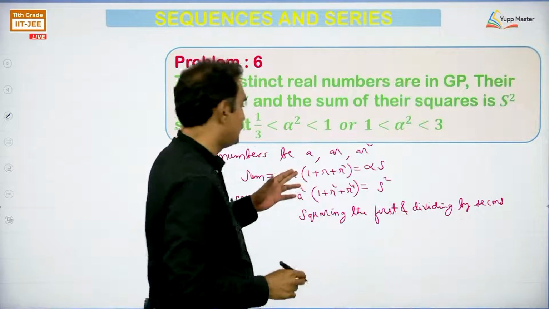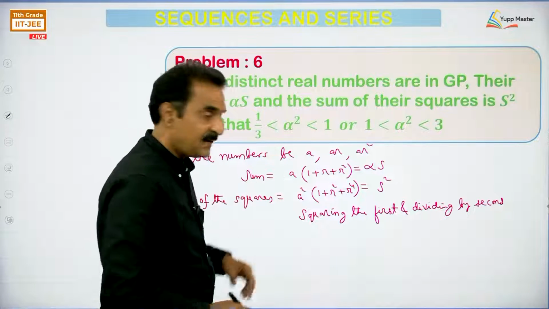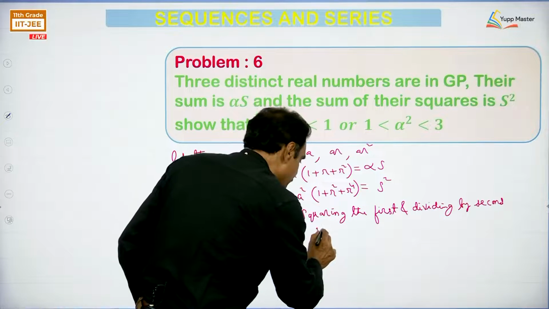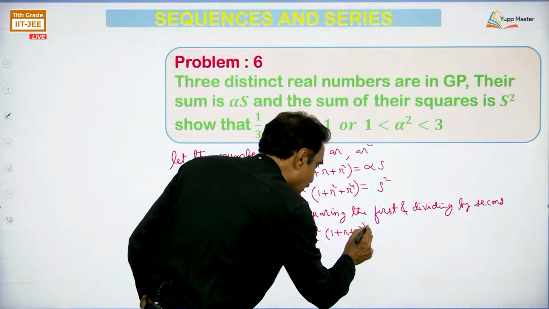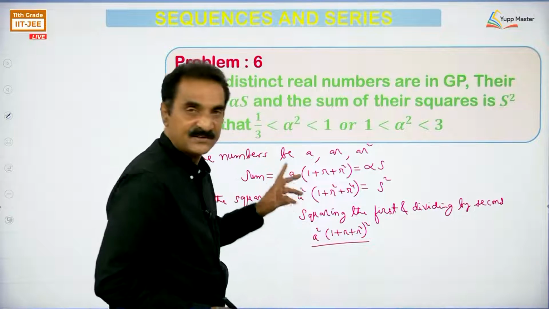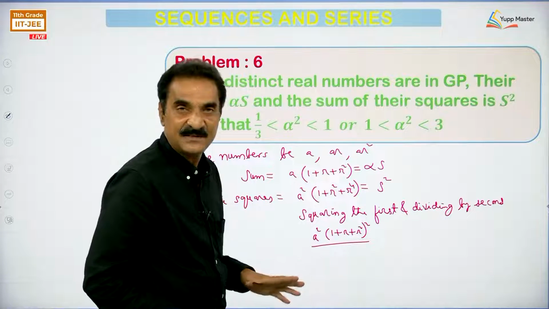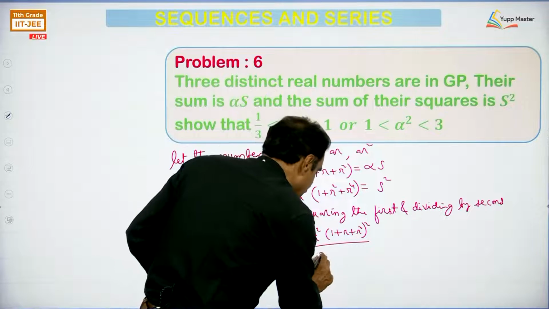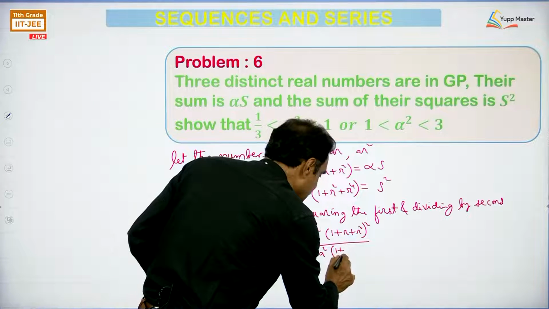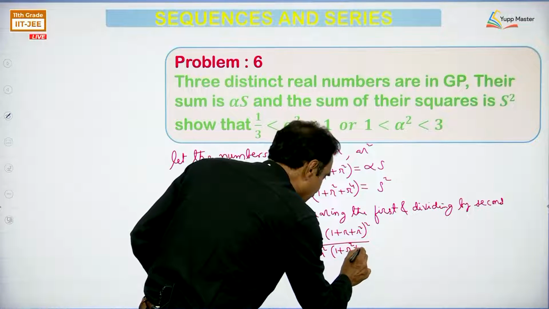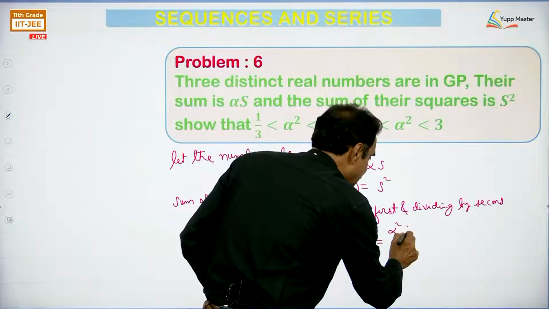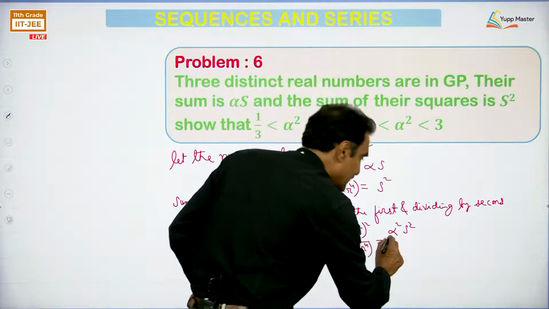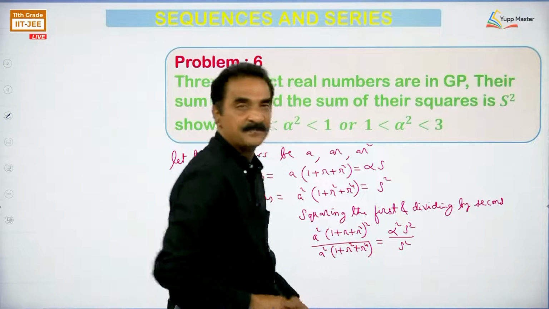Then this side you will get A square into 1 plus r plus r square whole square, divided by A square into 1 plus r square plus r power 4, is equal to alpha square s square by s square.